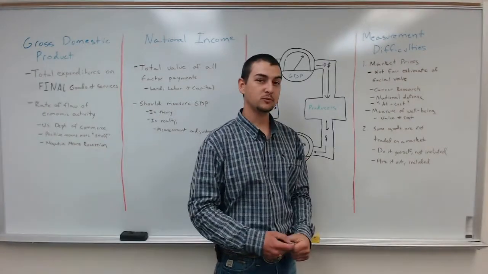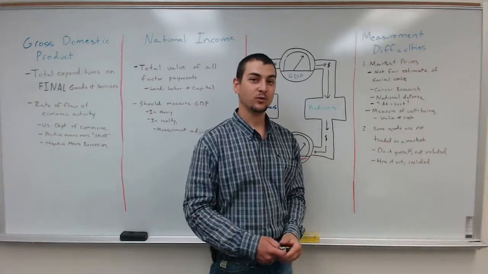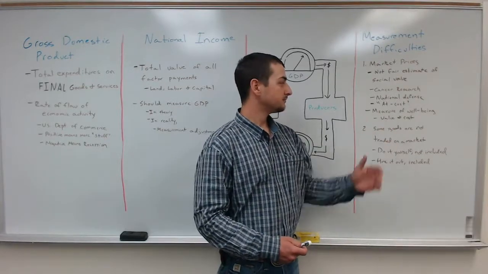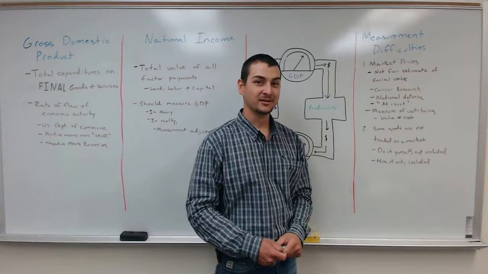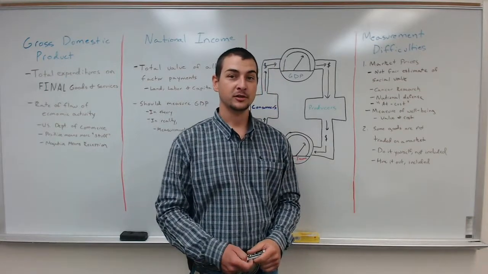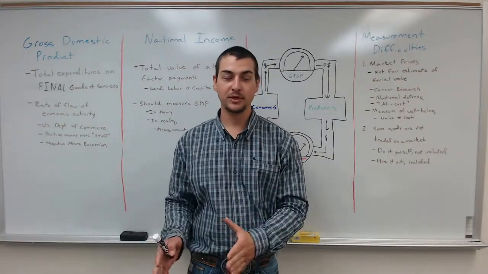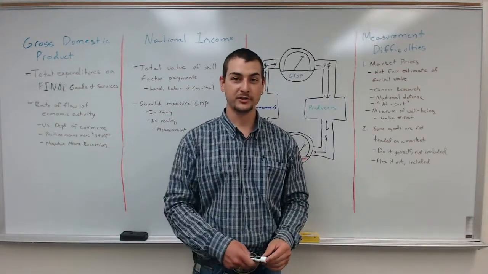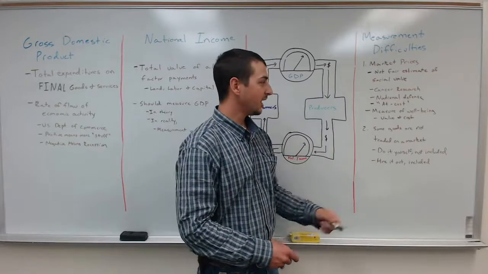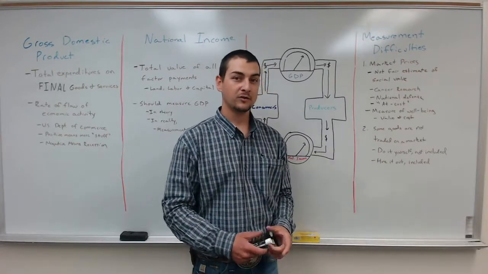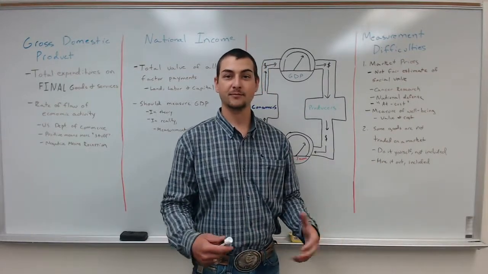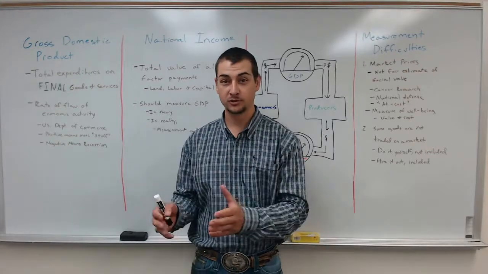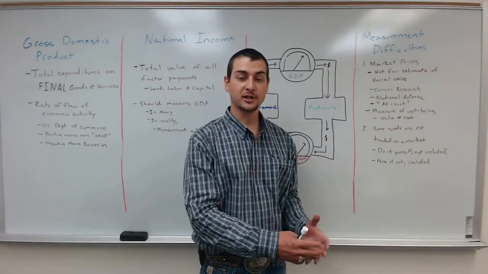And also, since we use market prices, it's not really a good measure of well-being for a particular country. So we often try to measure GDP from one country to the next to show how well off the citizens are. And it's not really a good measure of that whenever you start creating products such as maybe a drinking straw that turns dirty water into fresh, clean water.